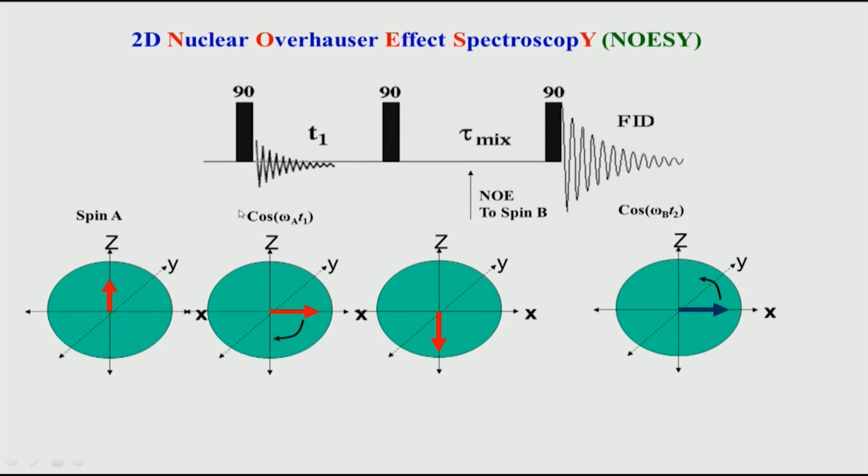So, cosine omega t is also affecting the intensity of the peak of the FID, along with the population that is transferred to spin B.